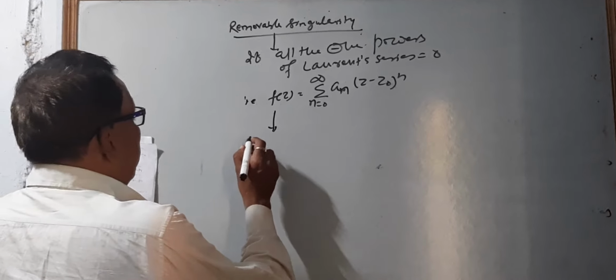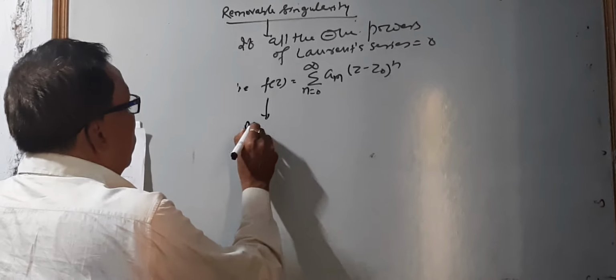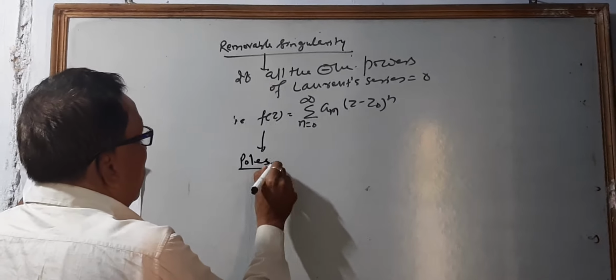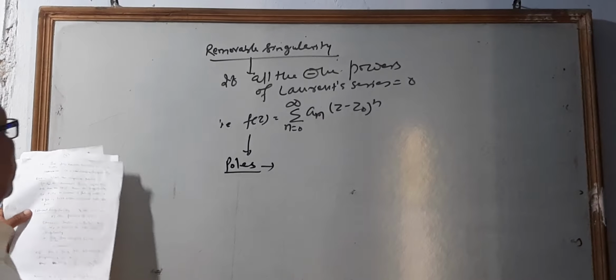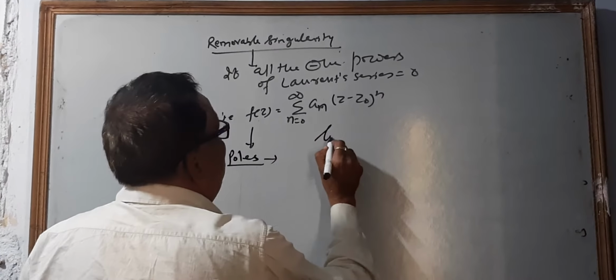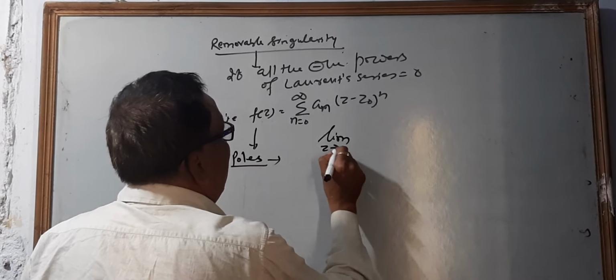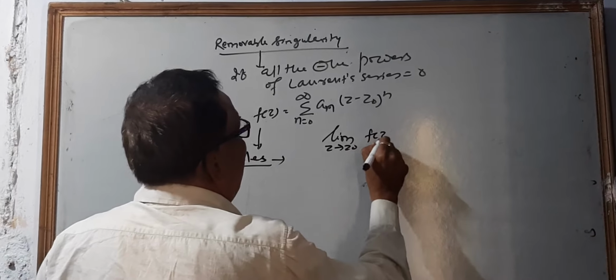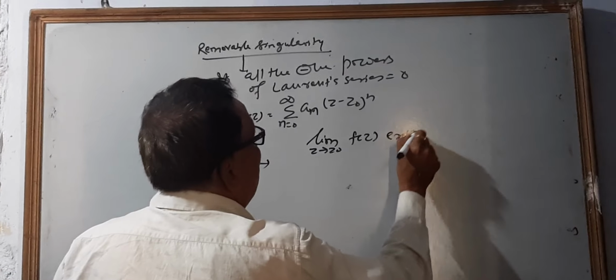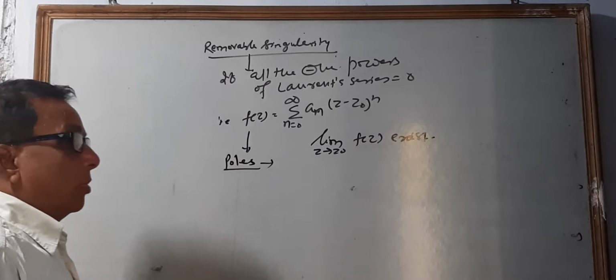After that, you have poles. Poles means, suppose the limit of function of z as z tends to z0 exists, it is known as removable singularity.